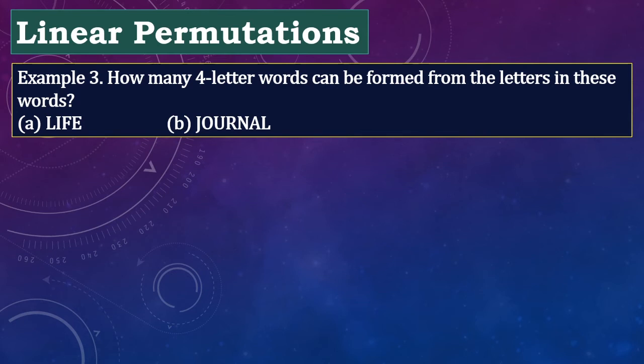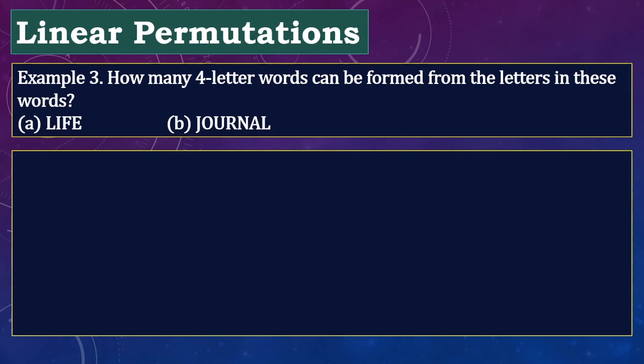Example 3. How many 4-letter words can be formed from the letters in these words? Letter A, life, and letter B, journal. Okay, solution for example number 3. Okay, so for letter A, how many letters do we have in life? So, 4. Then, how many 4-letter words can be formed from the letters in this word na life? Okay, so that is permutation of 4 taken 4 at a time. Okay, kasi 4 lang din naman yung letters sa word na life.